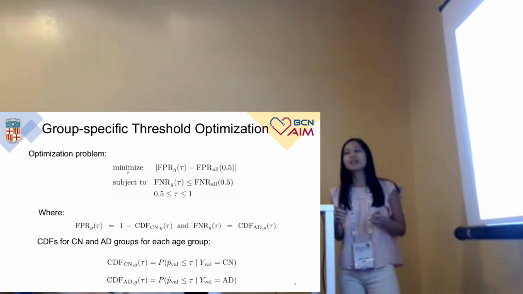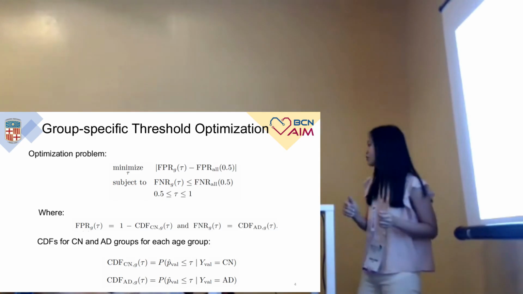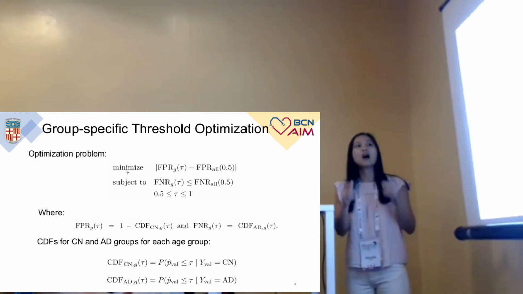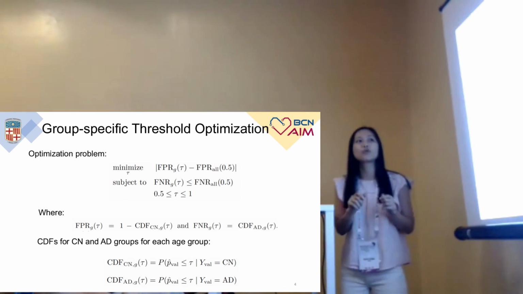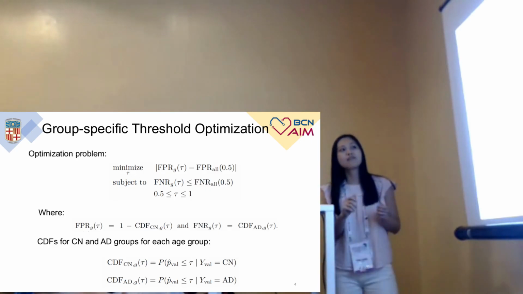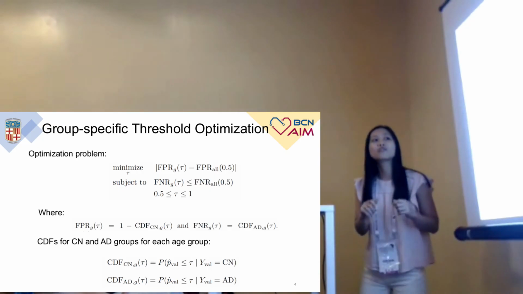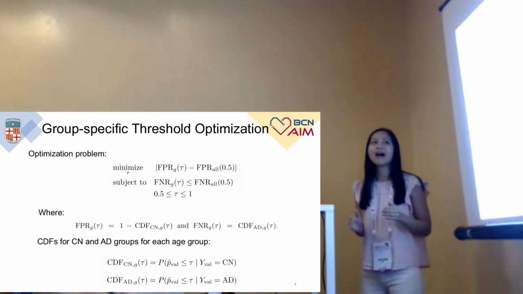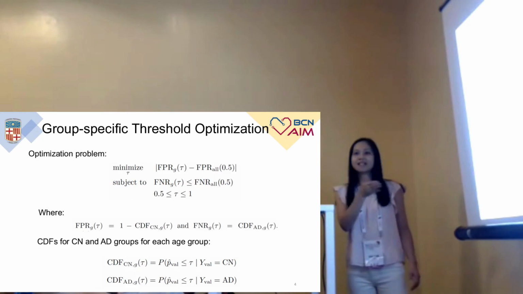To achieve that, we define an optimization problem that minimizes the absolute difference between their false positive rate and their overall false positive rate at the standard threshold 0.5, subject to the condition that their false negative rate doesn't go beyond their overall false negative rate at the threshold of 0.5.